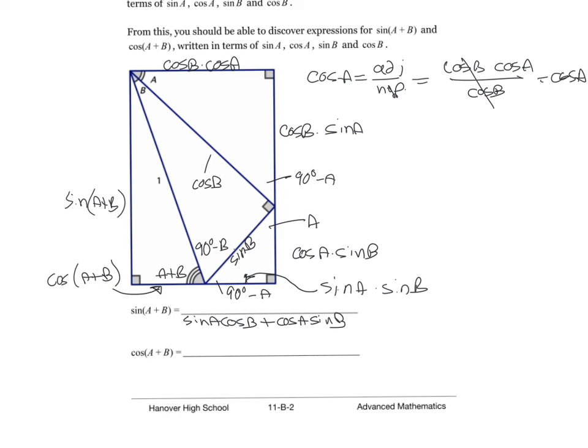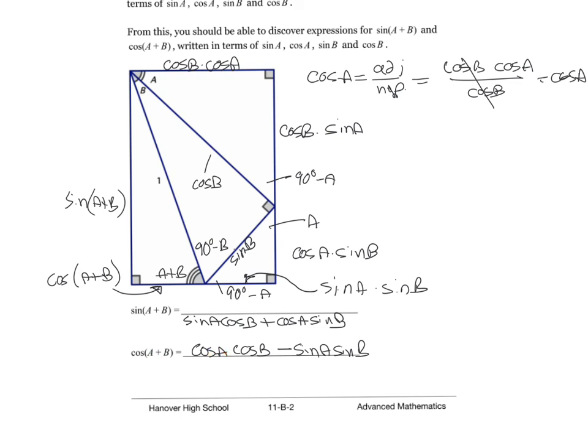So first thing is going to be cosine of A cosine of B minus sine of A sine of B. So we've got now these two rules, one for when you have the sine of the sum of two angles, and another for when you have the cosine of the sum of two angles.